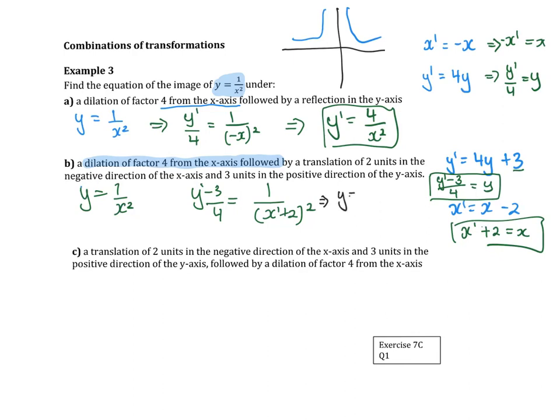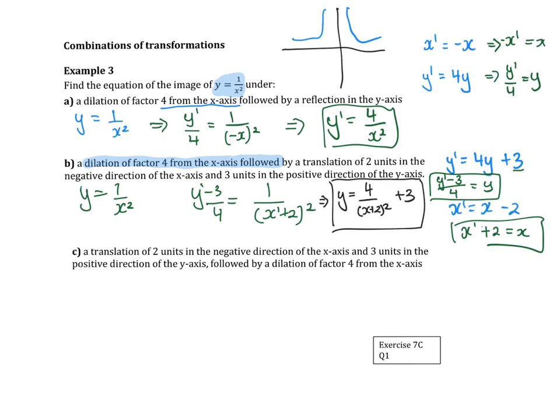So I'm going to end up with 4 over x plus 2 squared, and I would have also brought the minus 3 over and it becomes plus 3. Okay? The order was important there. They told me which way to do first because it would make a difference if you dilate after. The process would be different.